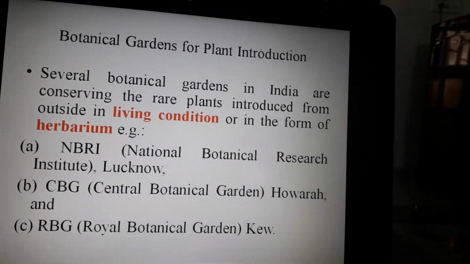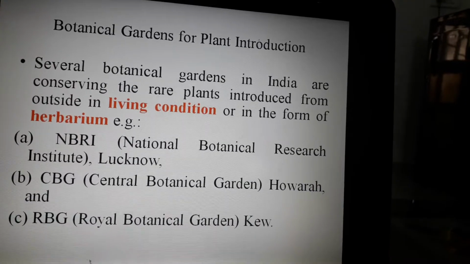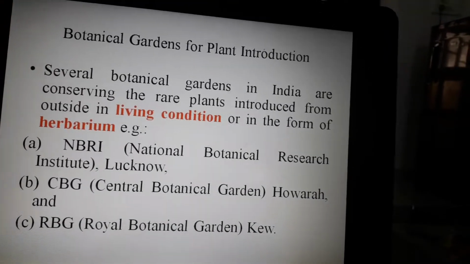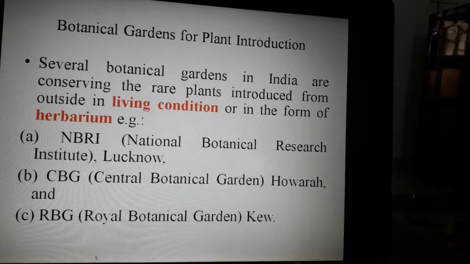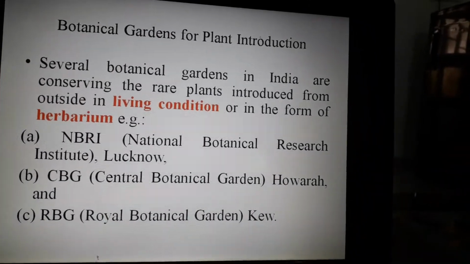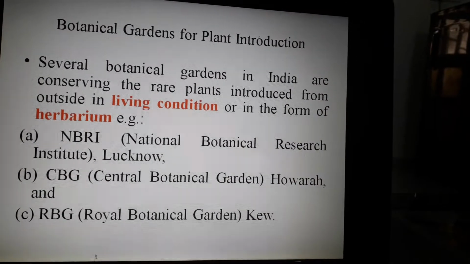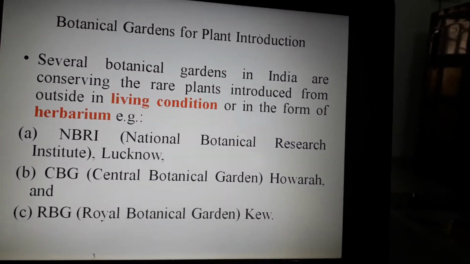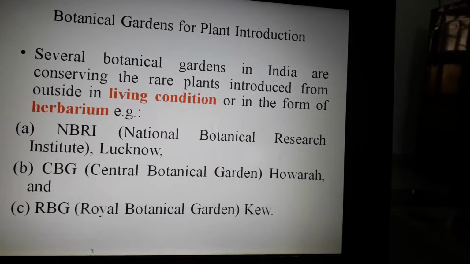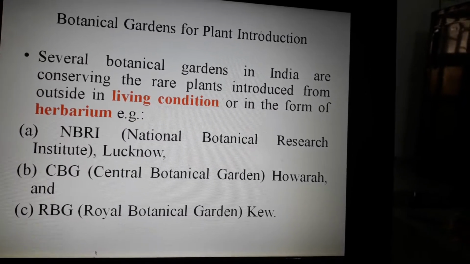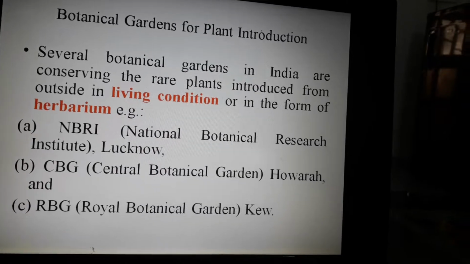Now, what are the different places from where we can have plant introduction? There are several botanical gardens in India that are conserving rare plants which are introduced from outside, either in living condition or in the form of a herbarium.